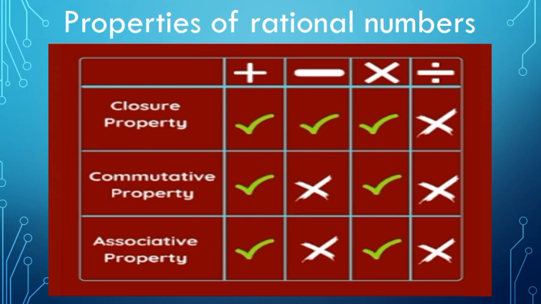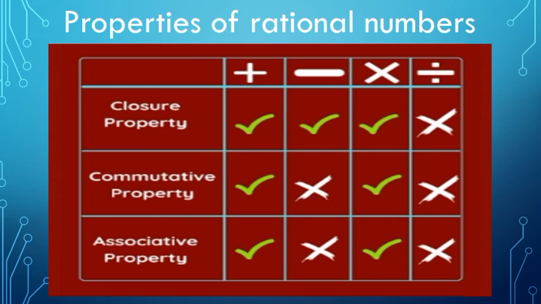Minus 3 by 2 minus of 1 by 2, you get minus 2, and minus 2 minus 1, you get minus 3. And if you do 1 by 2 minus 1 first, you get minus 1 by 2, and then minus 3 by 2 minus of minus 1 by 2, you get minus 1. So minus 3 is not equal to minus 1. So subtraction is not associative.